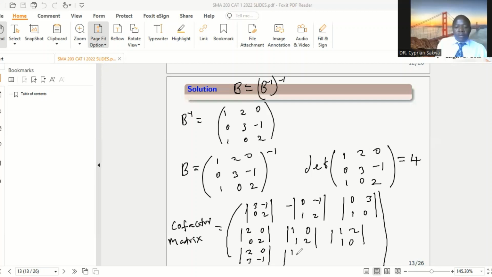You have 1, 0, and 0, negative 1. And lastly, for these other elements, delete the row and the column. You have 1, 2, and 0, 3. Let's indicate the signs: positive, negative, positive, negative, positive, negative, positive, negative.